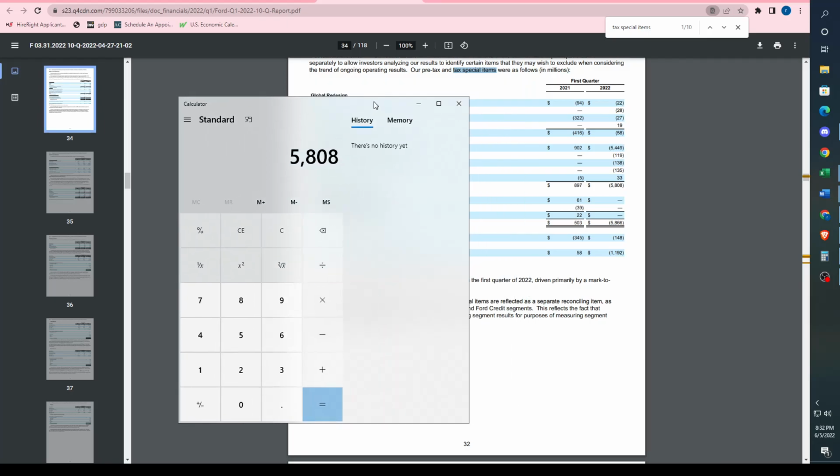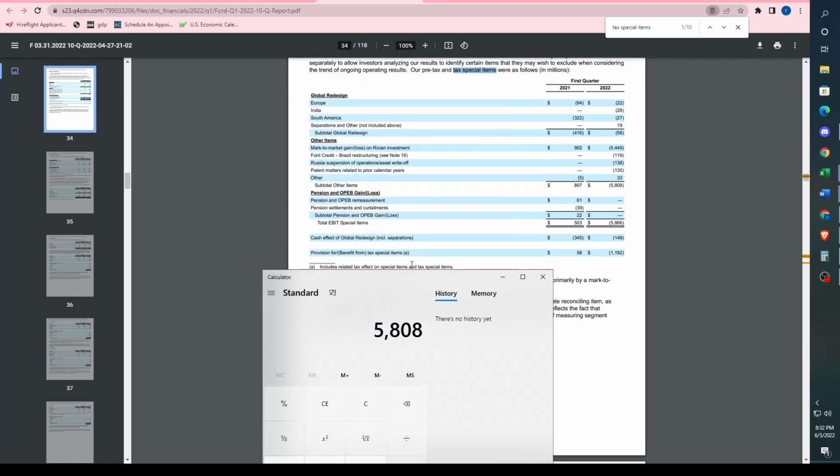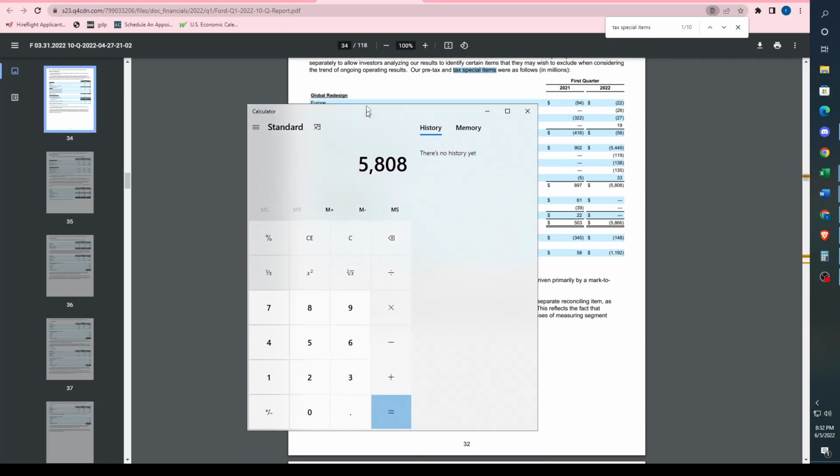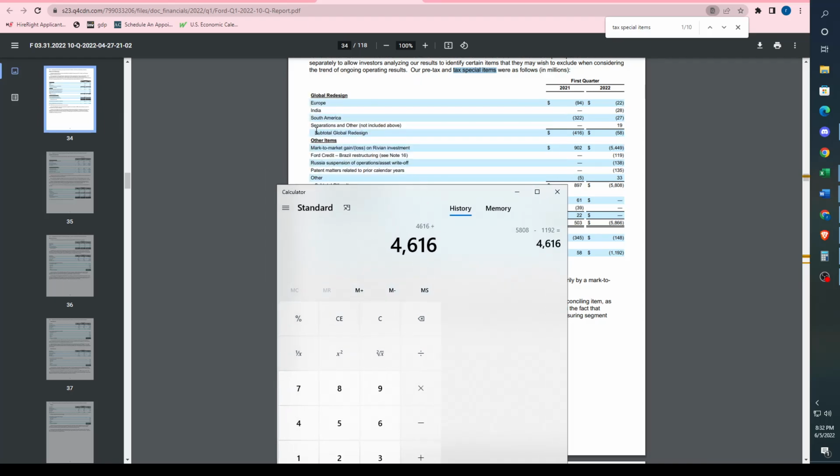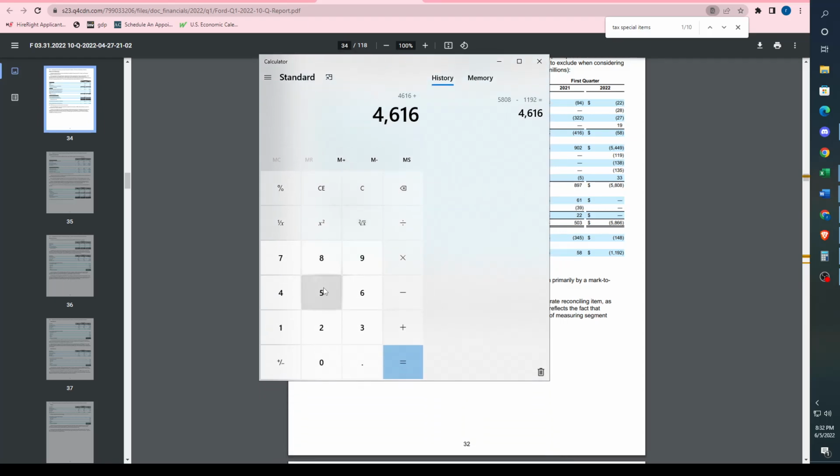And then from this number, they subtracted the provisions for benefits. So we're going to do minus 1192 equals, and then they went ahead and added the subtotal global redesign, which is 58. And just like that, we have our 4674.